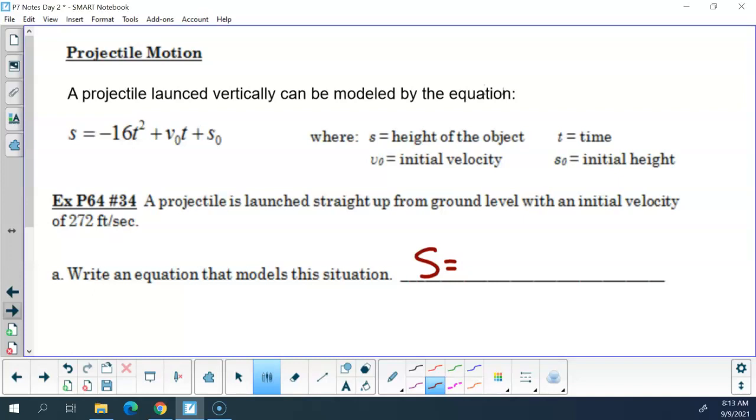S equals negative 16t squared plus 272t. And since you're starting from 0, so plus 0 really there, we don't have to write it. Do we all agree with that? Yep, I would agree with that as our equation that models the situation.